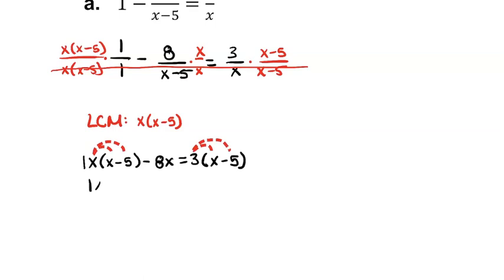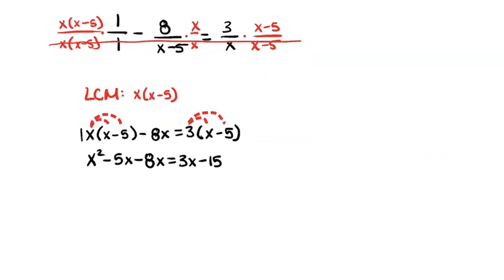So you'll have x squared, and really you don't need the 1 there. Just write x squared minus 5x minus 8x equals 3x minus 15. If we combine like terms here, we have x squared minus 13x equals 3x minus 15.